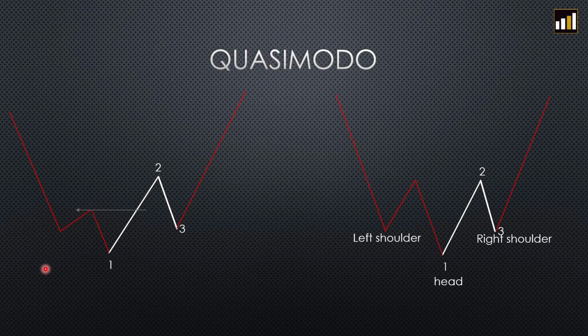So this adds more weight to the entry. When you see a 1, 2, 3 after it has broken this section here, then we are better off. If we are risking, then I would risk more on the Quasimodo 1, 2, 3 than the normal head and shoulders 1, 2, 3 pattern.